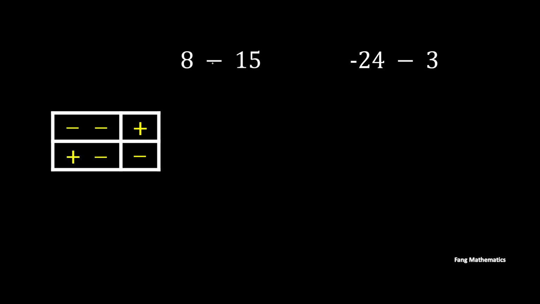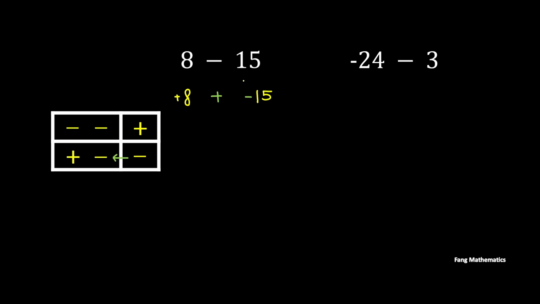Moving on, 8 minus 15. Minus, we are to convert that into integer addition. Therefore, minus turns back into plus minus. 8 plus minus 15. Integer addition. The signs are different.